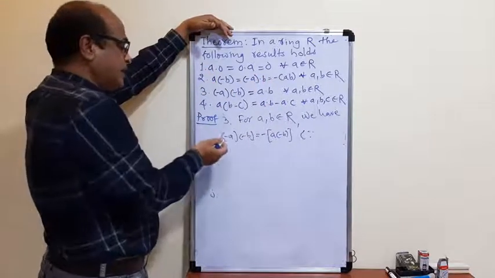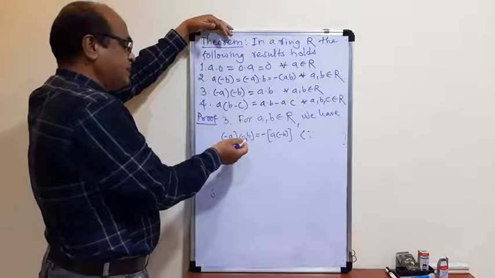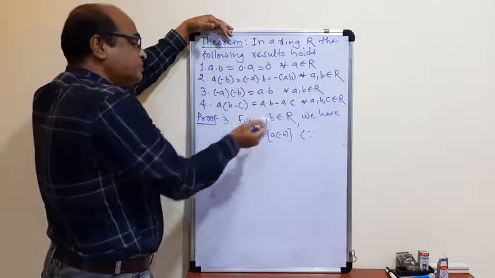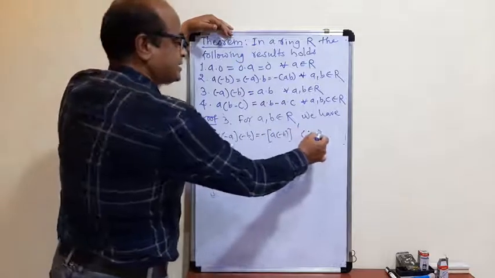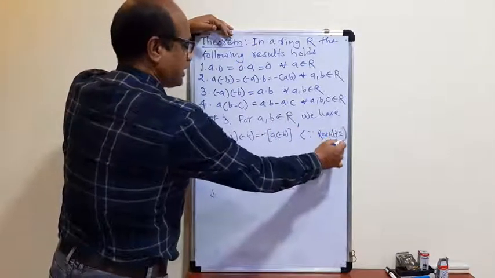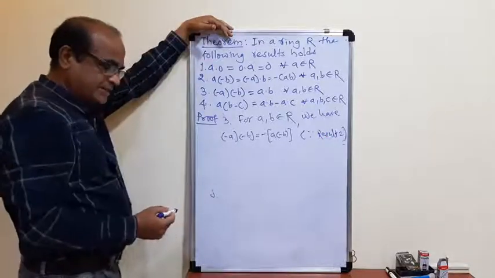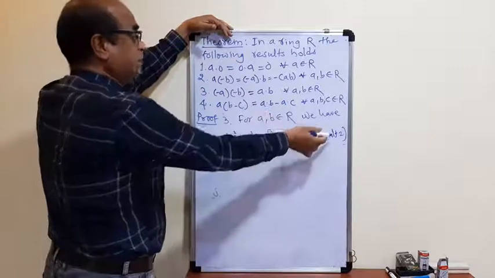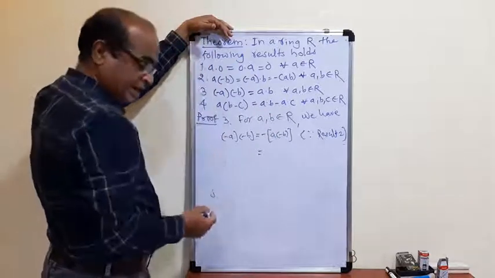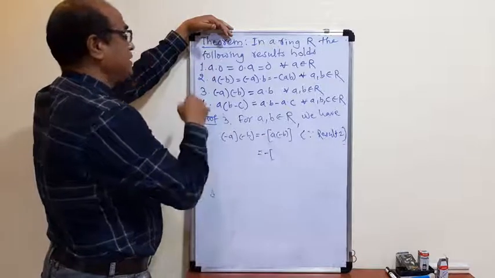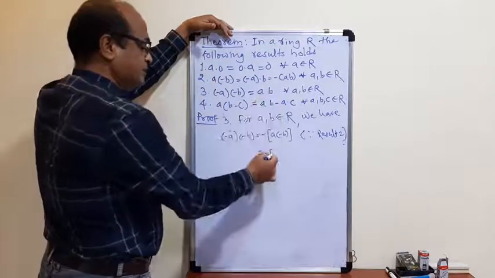So we write minus A into minus B is equal to minus (A into minus B) by result 2. Using this result again, A into minus B is minus AB, so we get minus (minus AB).